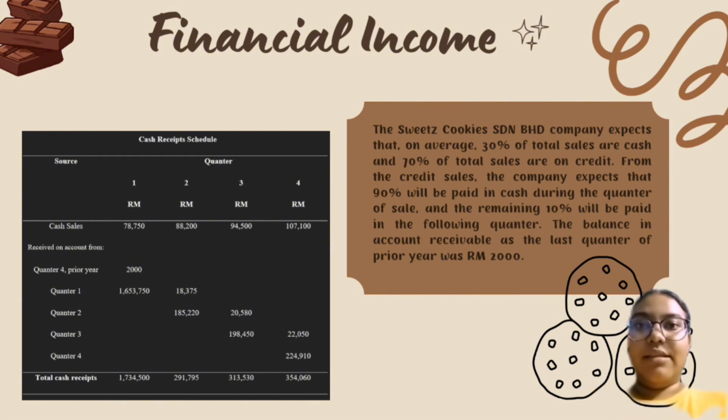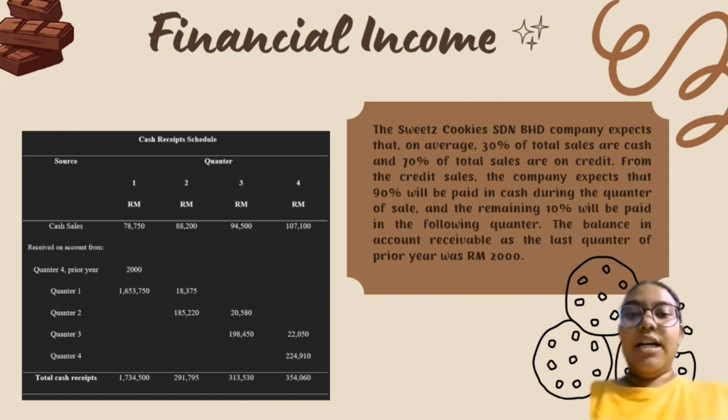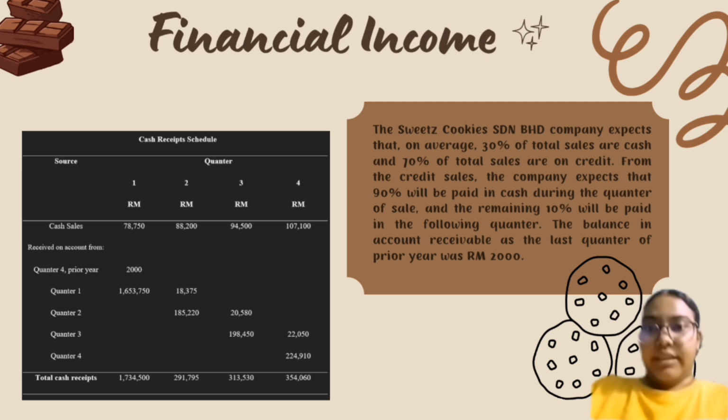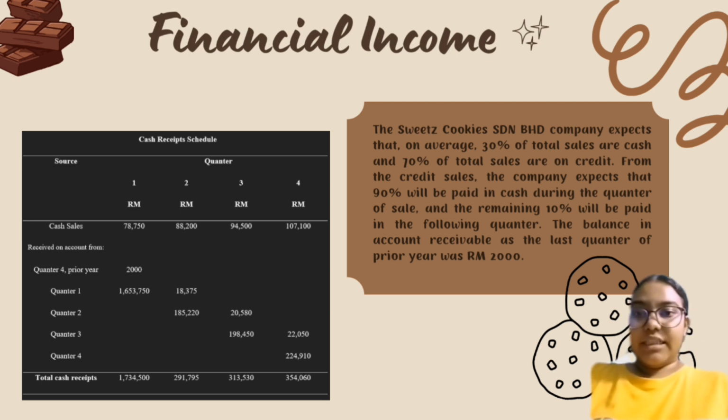From the credit sales, the company expects that 90% will be paid in cash during the quarter of sales and the remaining 10% will be paid in the following quarter. The balance in the accounts receivable at the end of the last quarter of the previous year was 2,000.